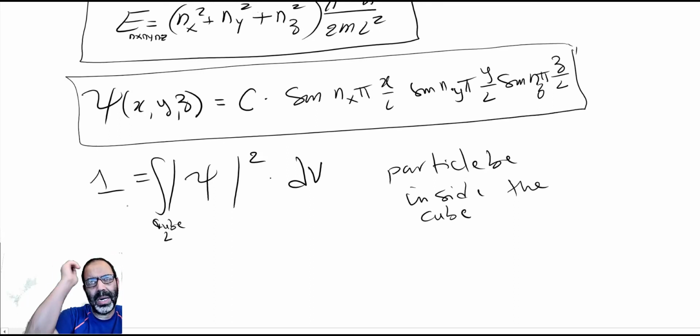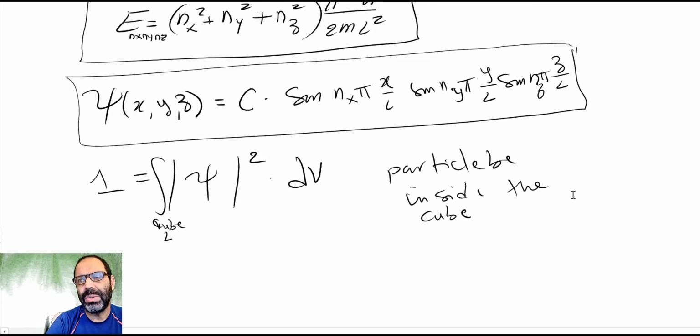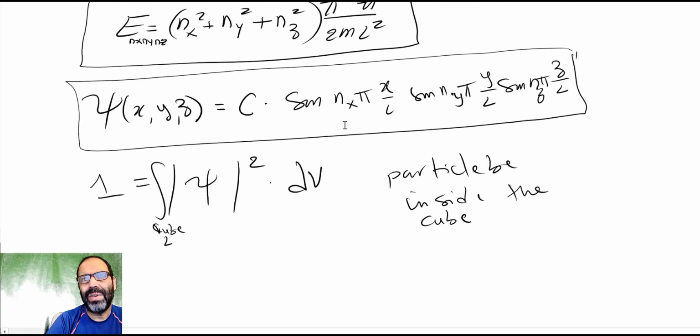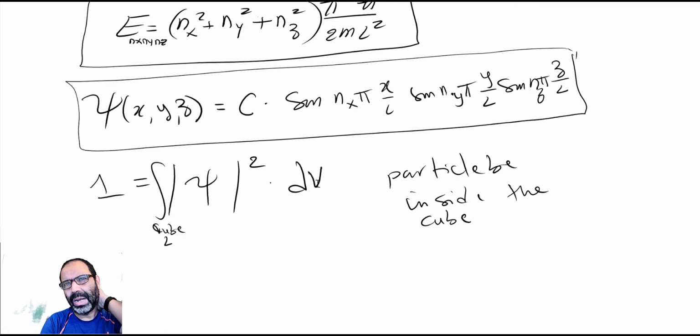If we do this, then we're left just with this integration from 0 to L, 0 to L, 0 to L, and each one of them will give me just a factor of a half. So I'll have a half in here, and a half in here, and a half in here, which gives me an eighth times c squared is equal to 1. I'm sorry, I will have an L actually in the integration, because there is a volume L cubed in this case that's going to be pulled out. So do your change of variable and do the calculation, and you're going to get the exact value.